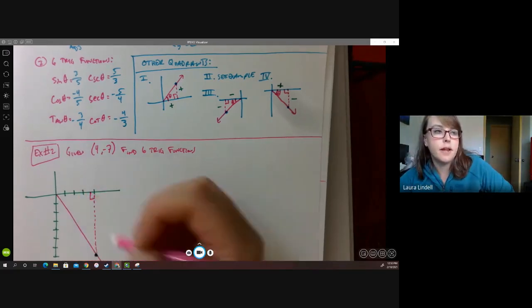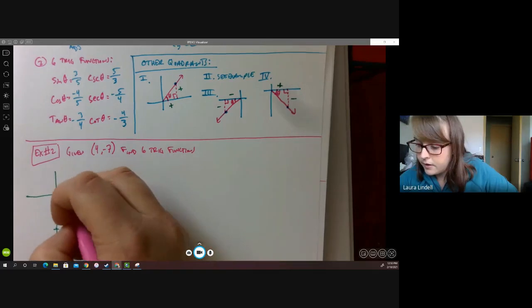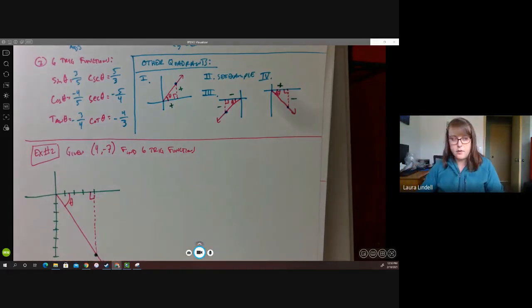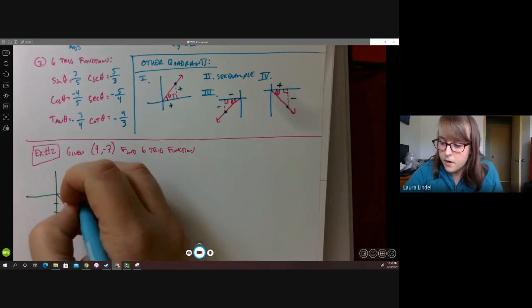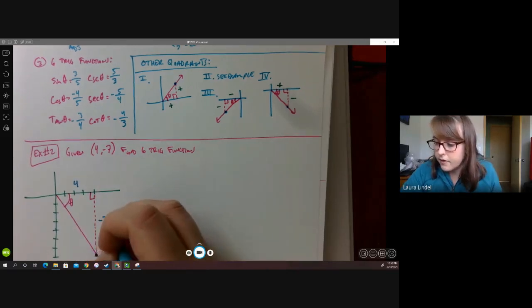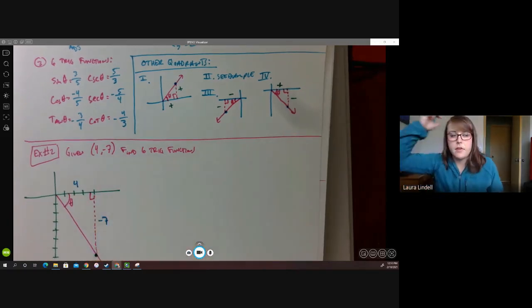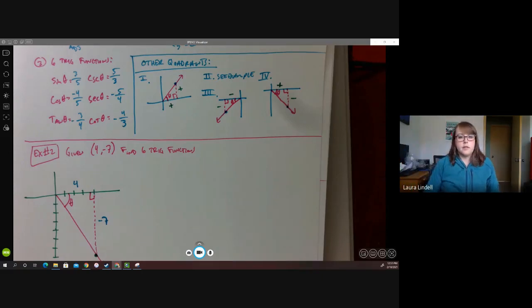That's where we're going to put our right angle. Here's theta. Then we have to label the sides. We know this one is 4 units long and this one is -7.